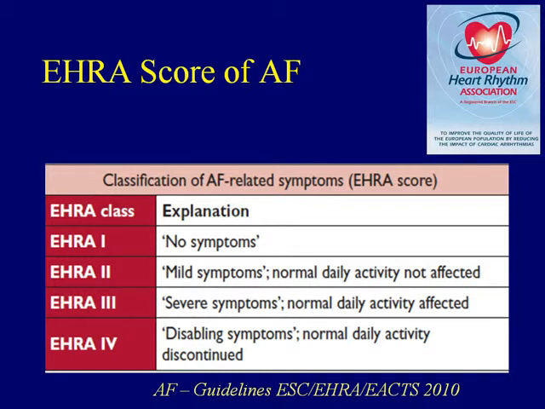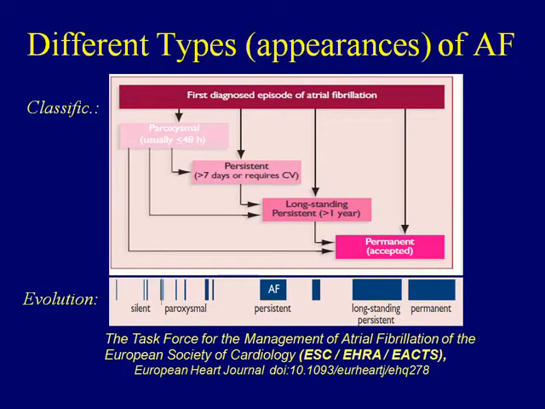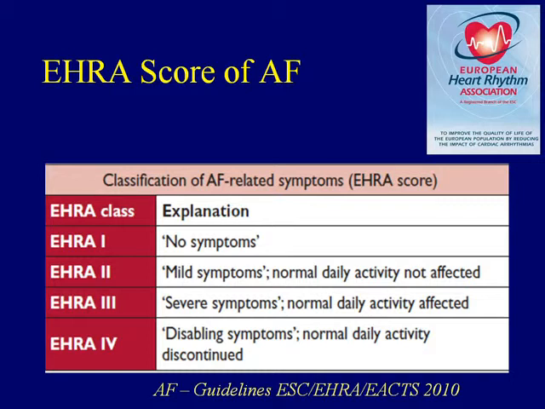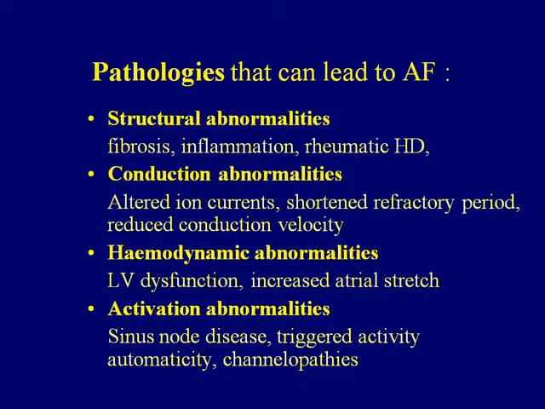So using the last week published guidelines, you can have persistent atrial fibrillation class 1, which means the patient has it on the ECG, but he doesn't feel anything about it. But note that the symptoms are not related to the outcome. So we should not close our eyes, even in front of silent atrial fibrillation.